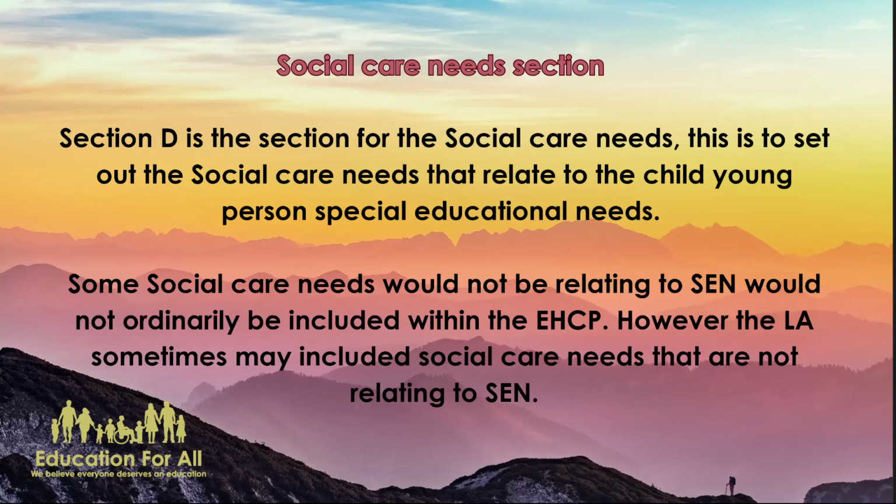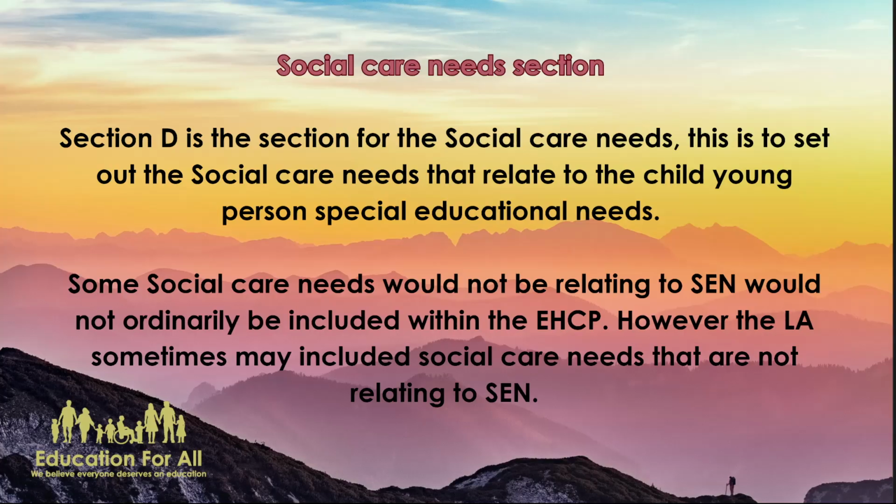So if a child's on a CIN plan or a child protection plan, relating to whatever's been found and why they're on that, this could be included in the social care needs section of the plan.